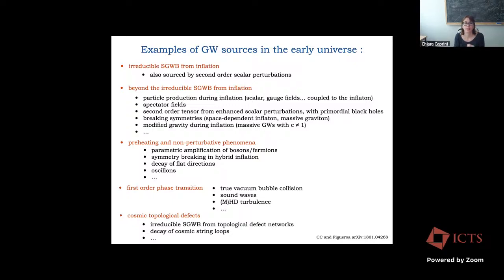So this is the standard case, but as I previously mentioned, there is another generation mechanism, which is the fact that gravitational waves can be generated at second order in cosmological perturbation theory by scalar perturbations.